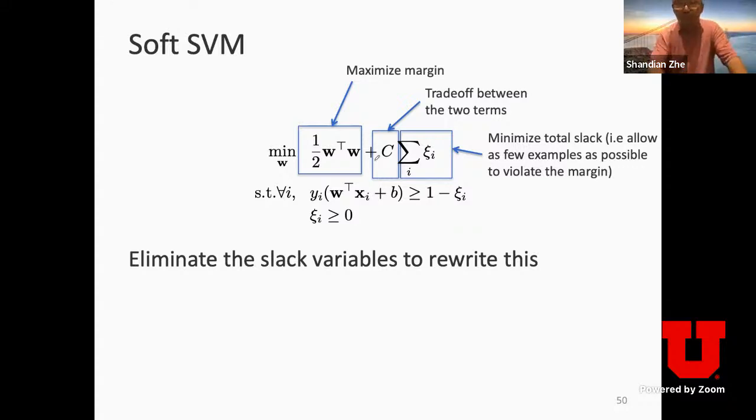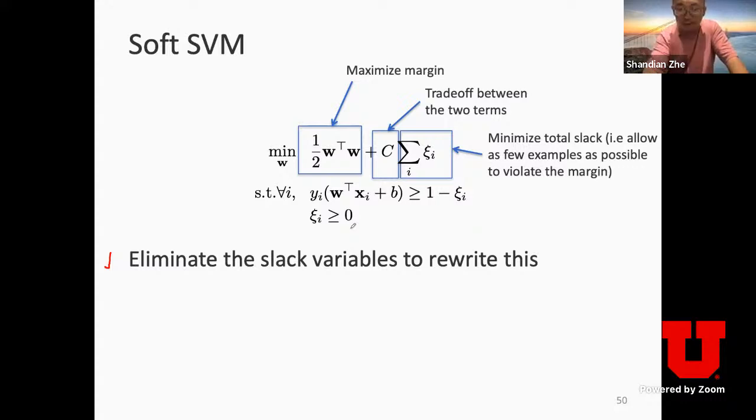So the first strategy to optimize this soft SVM problem is to eliminate the slack variables, because you introduced these additional slack variables to allow extra flexibility, right? So during the optimization, I don't want to optimize so many variables, right? So I want to look at whether there is any way I can get rid of these ξi.